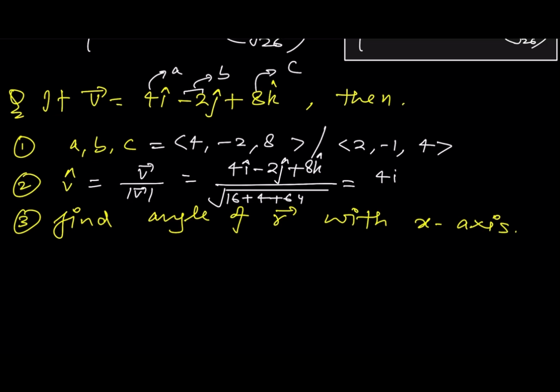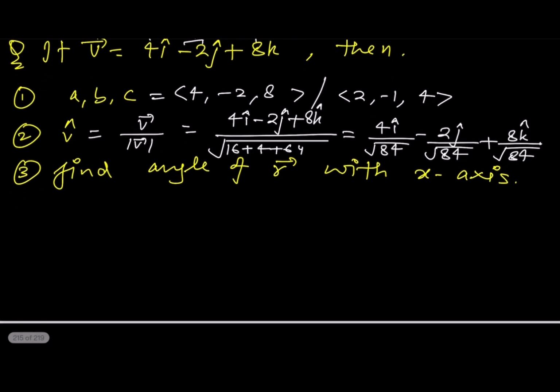So 4i upon root over 84 minus 2j upon root over 84 plus 8k upon root over 84, right?